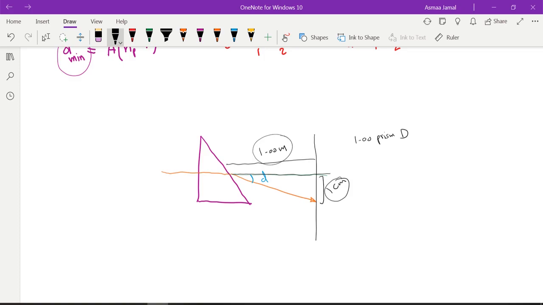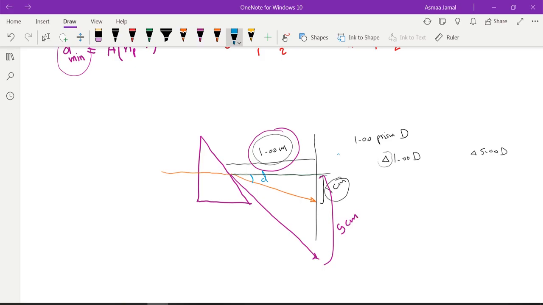Or we can write it like that, 1 prism diameter. So when I have a prism of 5 diameter, this means the amount of deviation at 1 meter distance will be 5 centimeters, not just 1 centimeter.